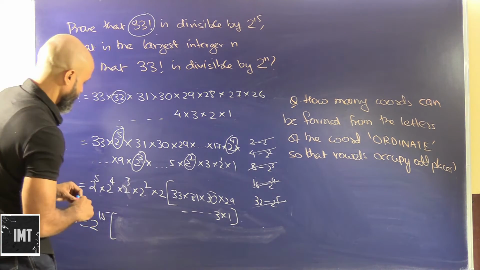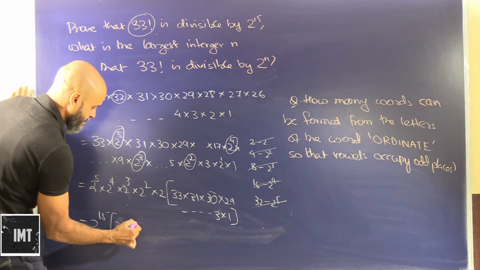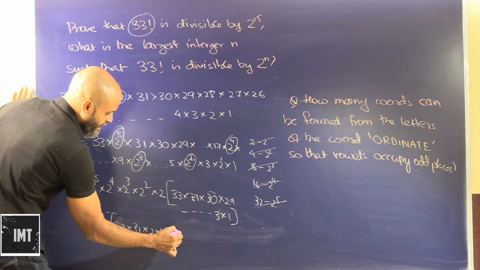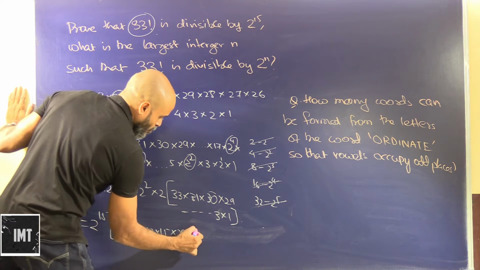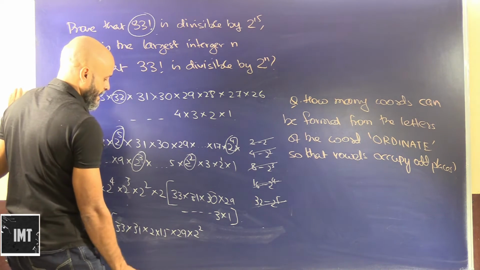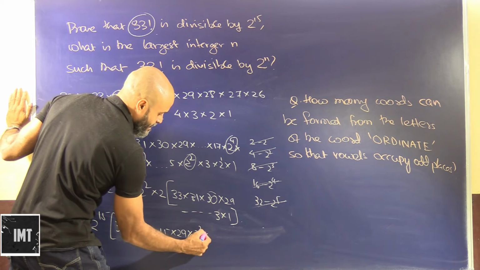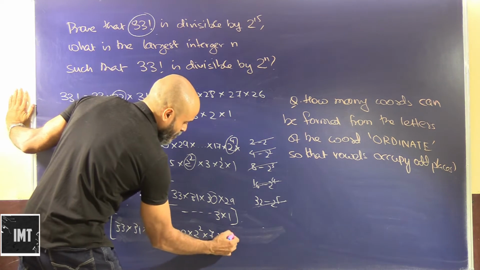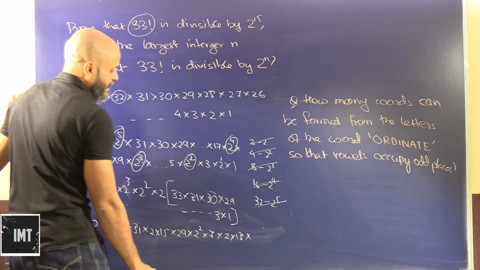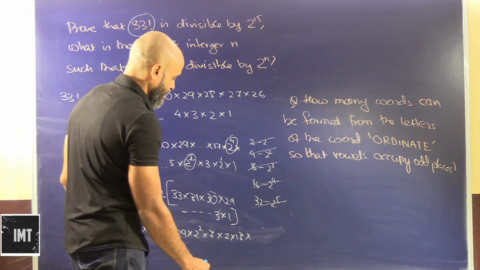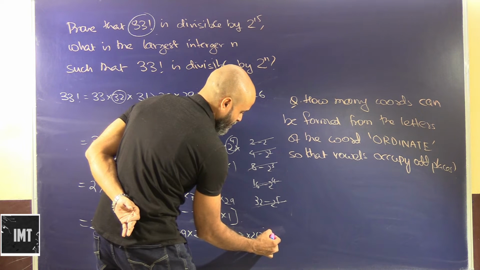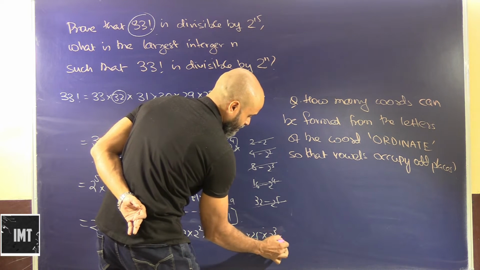Let's take it this way. So 33 can't do much, 31 can't do much, 2 into 15, 29 stays as it is, 2 square, this will be 28, 4 7s are 28. Then we have 26, so this will be 2 into 13. Then we have 25, which remains as it is. 24, 8 3s are 24.